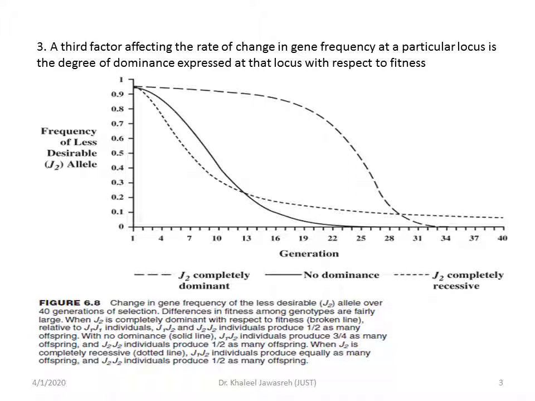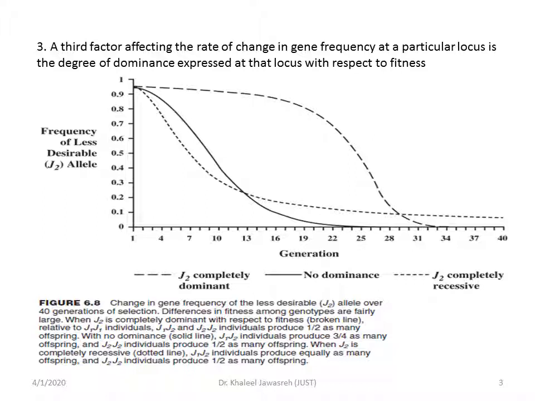After 10 generations you can see that the reduction will also be slower, and it will not reach 0 in recessive, though it will remain a considerable frequency among the individuals.